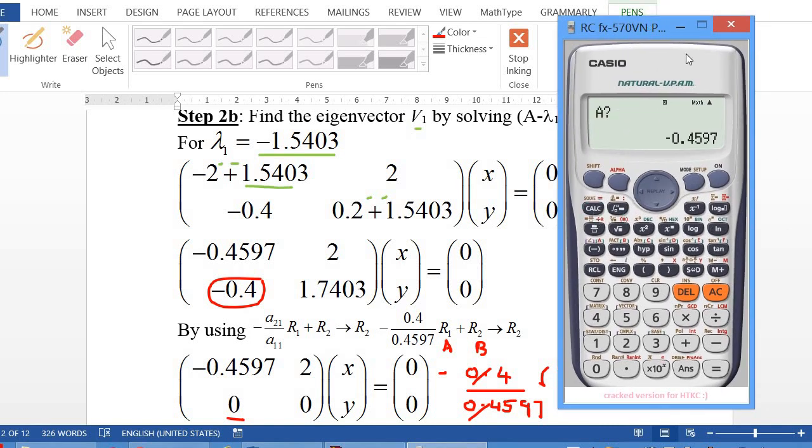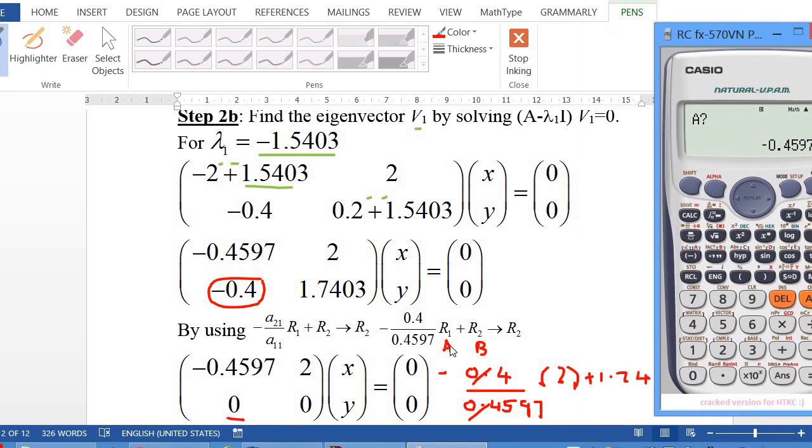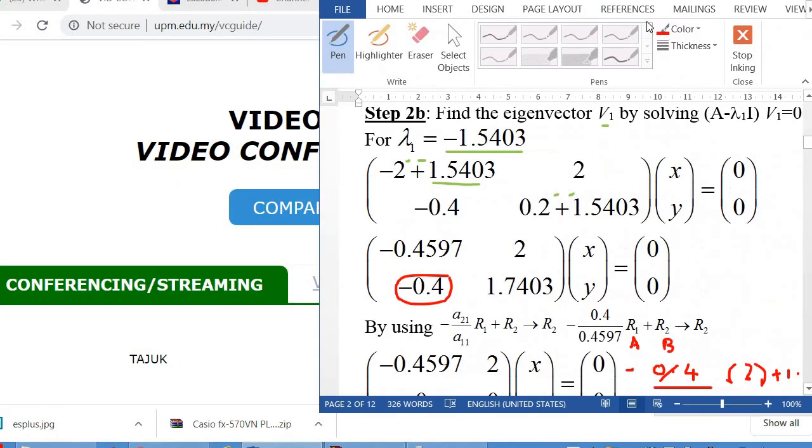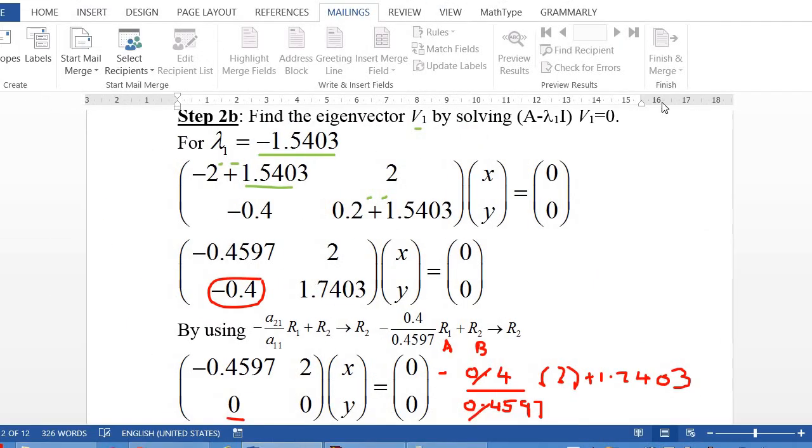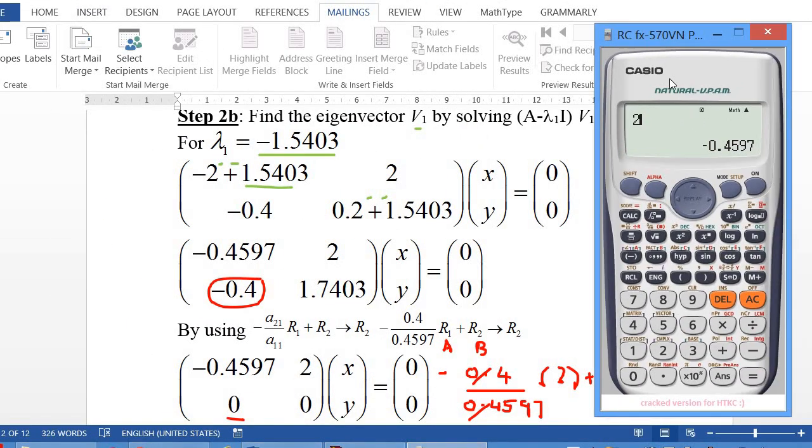Okay, now in column 2, I use the same formula. I calculate again. Now A is my row 1. Sorry, my row 1 now is 2. Row 2 here is 1.7403.